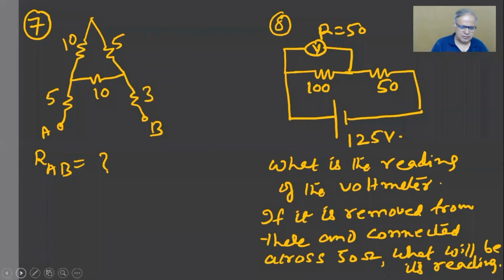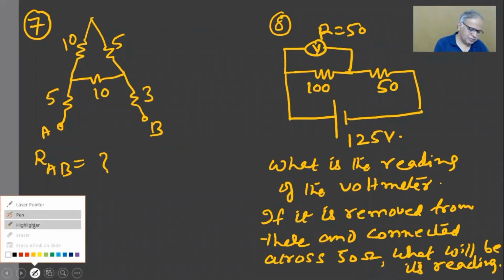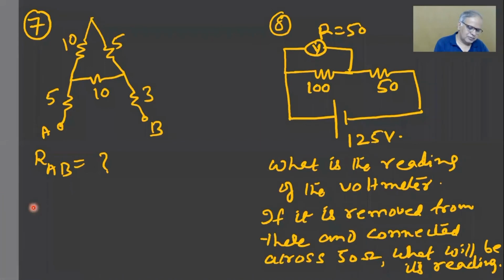Very simple question, the fifth, seventh one. Between A and B, you'll think of connecting one cell. Whenever you wanted the equivalent resistance, that's the meaning. So what will happen? Current goes like this.